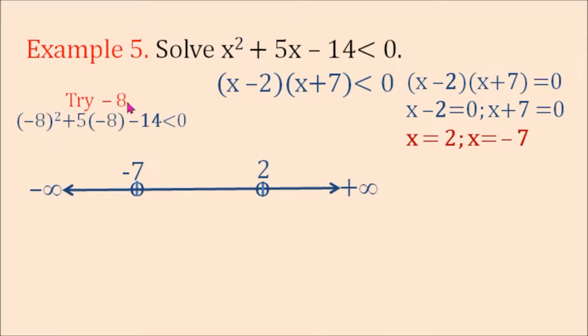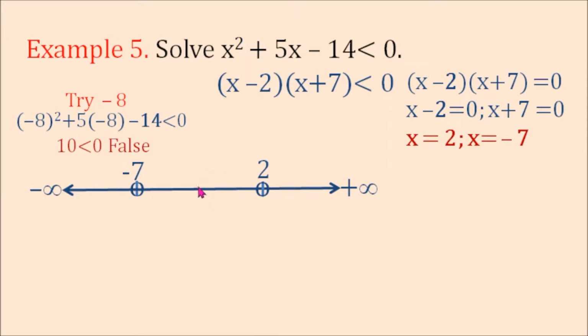So that means negative 8 squared plus 5 times negative 8 minus 14 is less than 0. Simplifying this part, that will give us 10. So 10 is less than 0 is false. Meaning to say, this interval from negative infinity to negative 7 is not a solution.